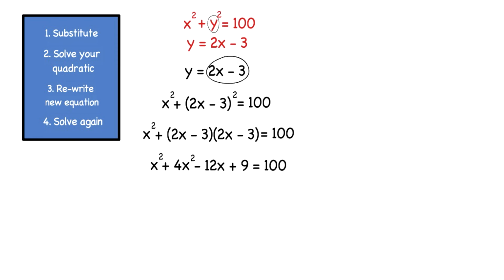Once I've done that and simplified, I get a quadratic of x squared plus 4x squared minus 12x plus 9 equals 100, and then when I simplify that again, I'm going to get 5x squared minus 12x minus 91 equals 0.